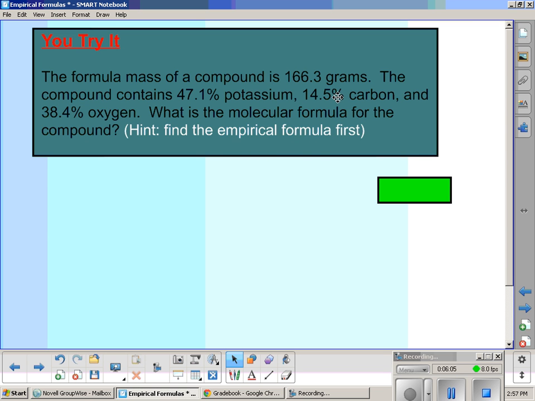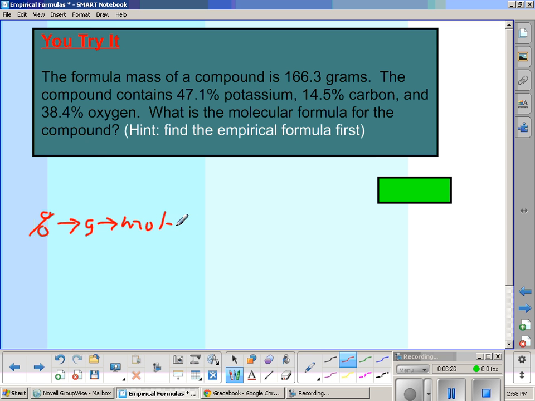These percentages add up to 100%, so we can just assume that we have 100 grams. So we're going to go percent to gram, and then gram to mole for each one of these elements in this compound.